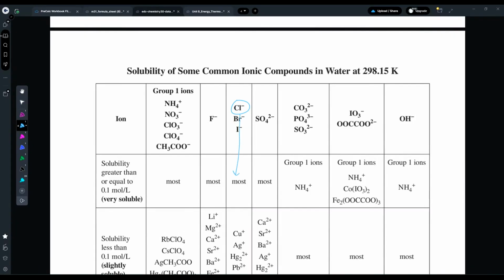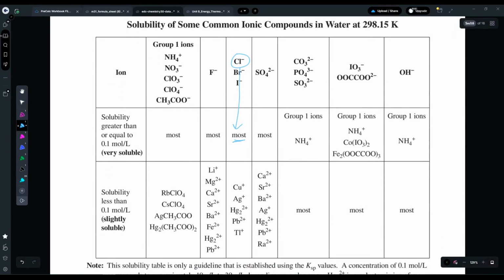Then we trace our finger down. It says most cations are going to be soluble with chloride, but we want to keep going and make sure our cation is not in the list of exceptions. Since lithium is not in our list of exceptions, it falls under most, so that means it is very soluble.